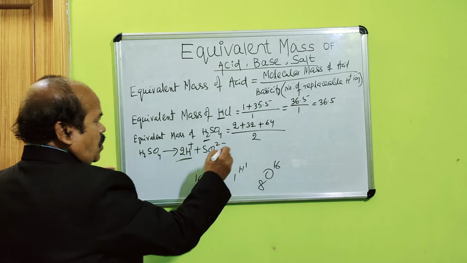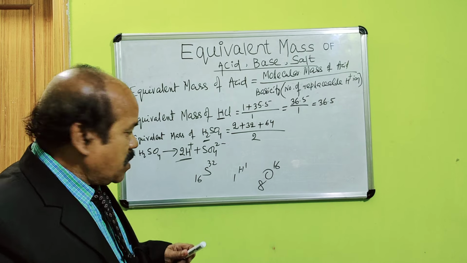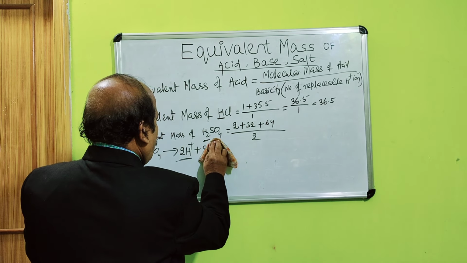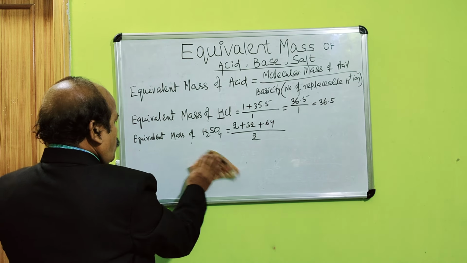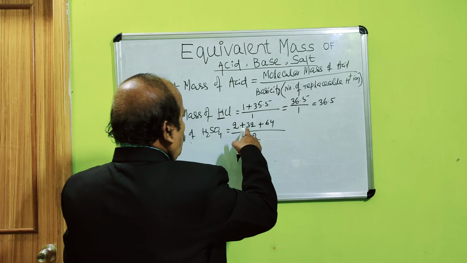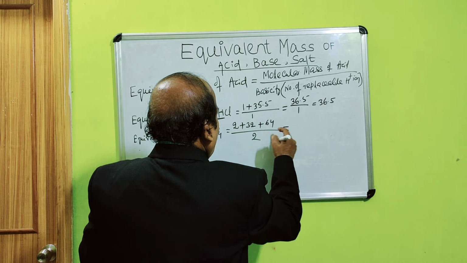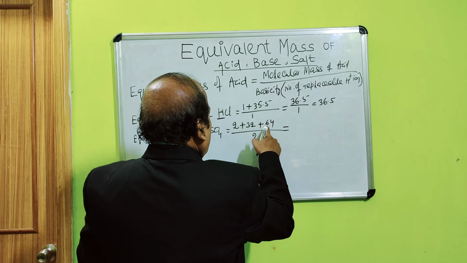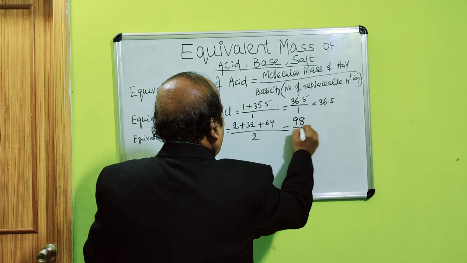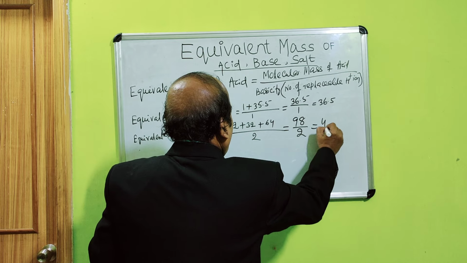So it is 2, hence I have divided by 2. So 2 plus 32 plus 64, 98 by 2, that is equal to 49.